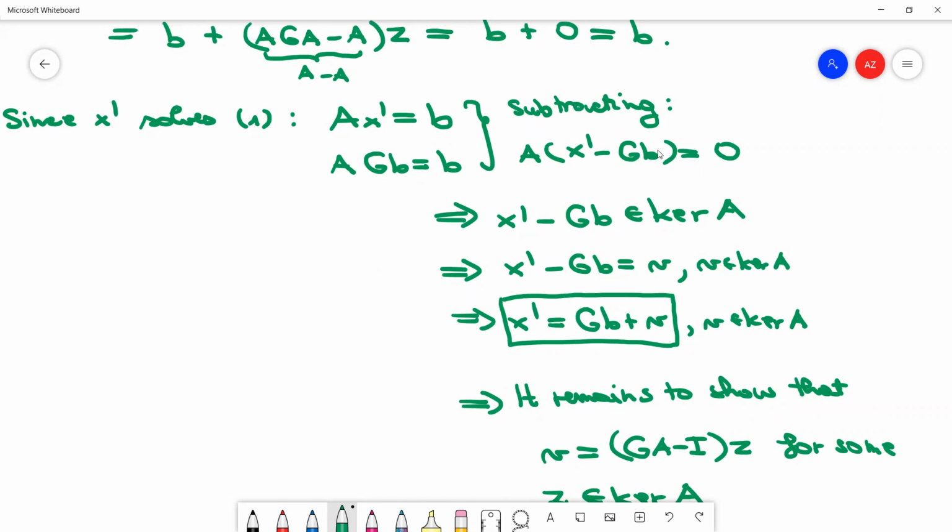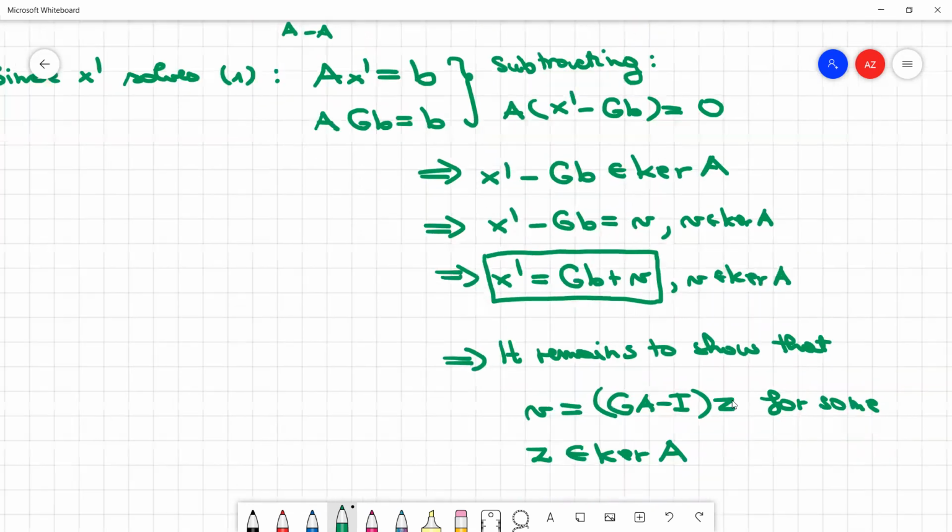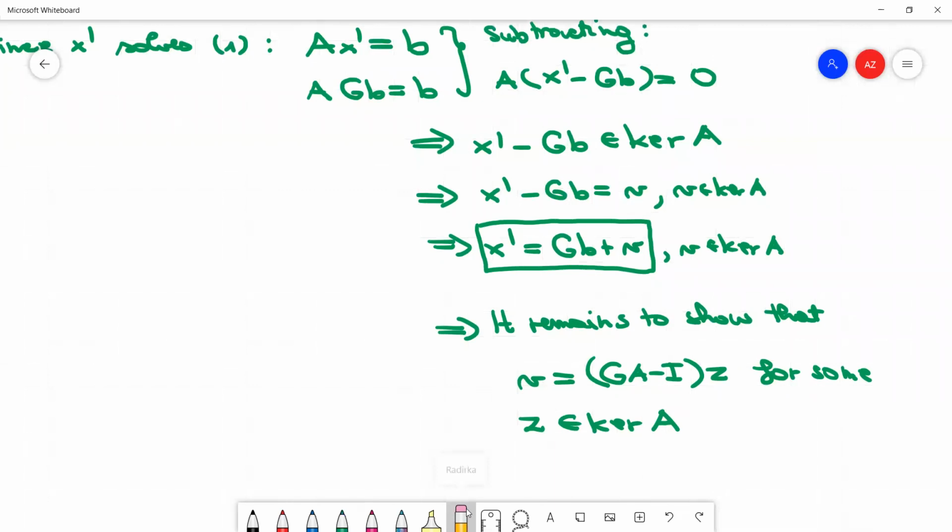So this X prime minus GB is a vector from the kernel of A. And we just denoted this vector by V. And yes, we are proving that this V is then of this form. Yes, but why does Z have to be in kernel? Oh, sorry. Yeah. So Z is any vector from R to the power of M. I already knew that it will suffice to take it from the kernel, but it's any vector from R to the power of M. Yeah, thank you.